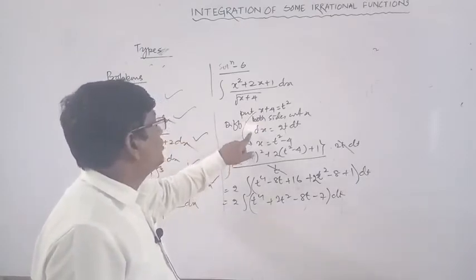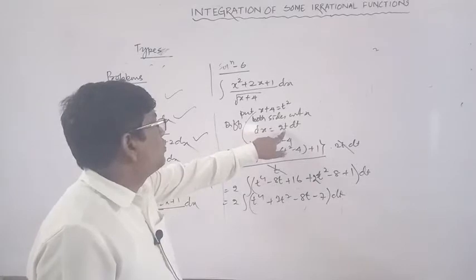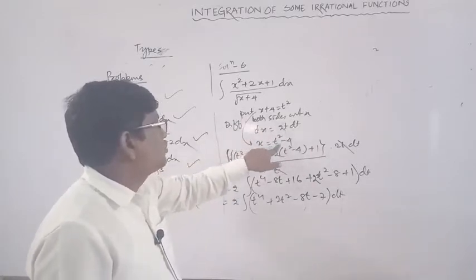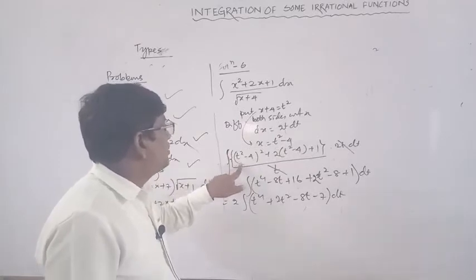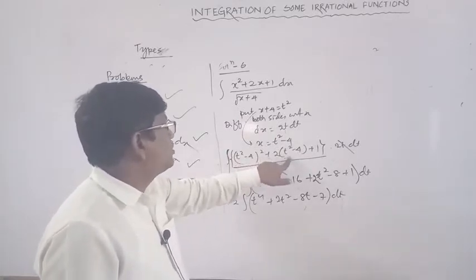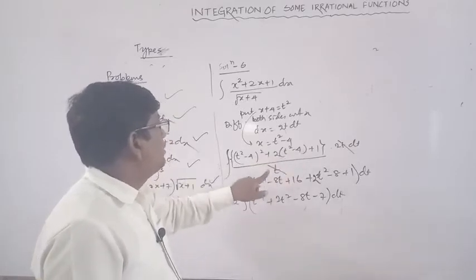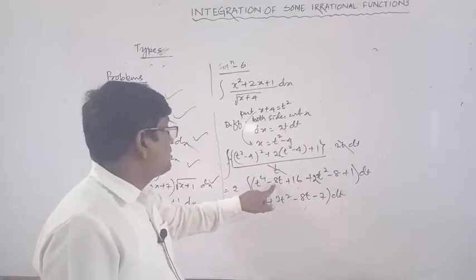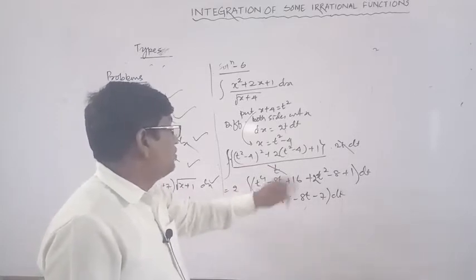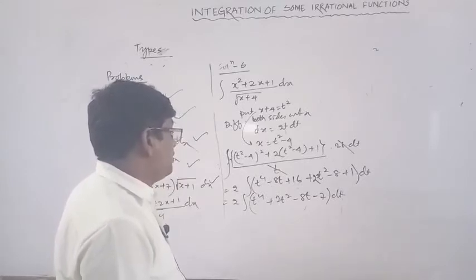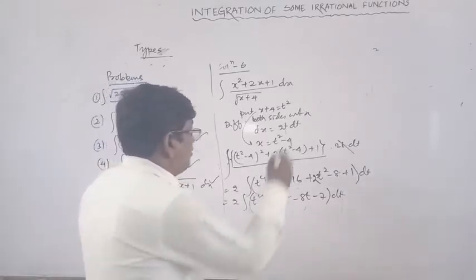First put x + 4 = t², differentiate, that is dx = 2t dt. From this x = t² − 4, so (t² − 4)² + 2(t² − 4) + 1 divided by t. So t cancels here: t⁴ − 8t² + 16 + 2t² − 8 + 1.